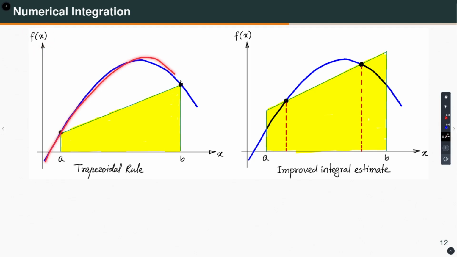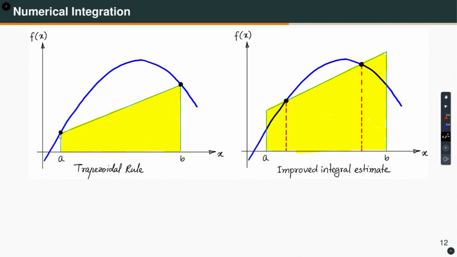Let us say this is the function I am plotting, f(x). I want to integrate this function between a to b. If I use the trapezoidal rule, I evaluate the function at a, I evaluate the function at b, and then compute this area, which is the integration. But as you can see, there is a large error here. So, this is the standard trapezoidal rule.